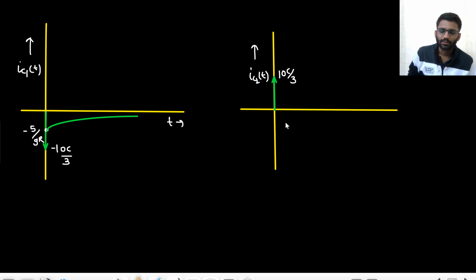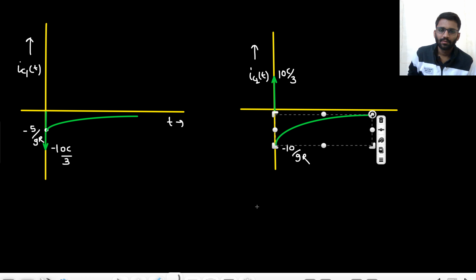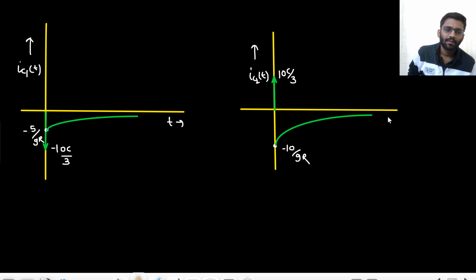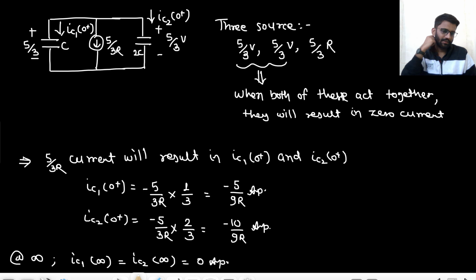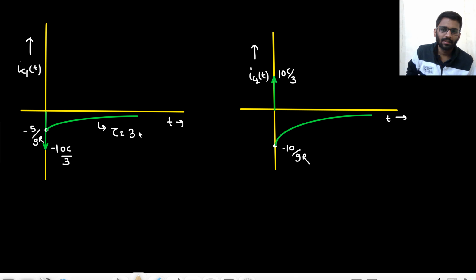And for this, let's just assume this is minus 10 by 9R, and then it decays down to 0. What is the time constant? R and both are in parallel. So 3RC, and here as well it is 3RC. Well and good. Understood the question?